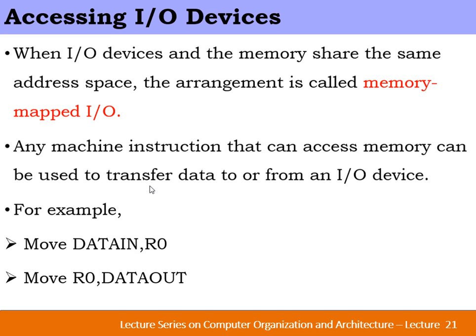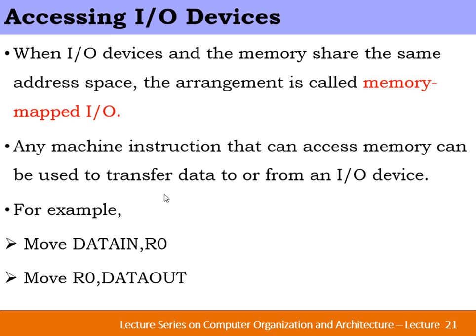Normally, whenever we want to access any information from the memory, or transfer any information to the memory, we make use of a copy instruction called MOVE. The same MOVE instruction can be used to access data from the IO device, or to transfer data to an IO device.